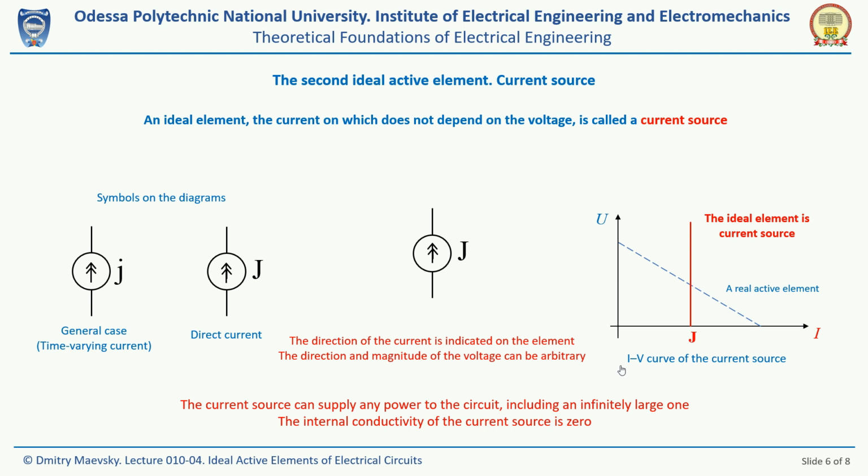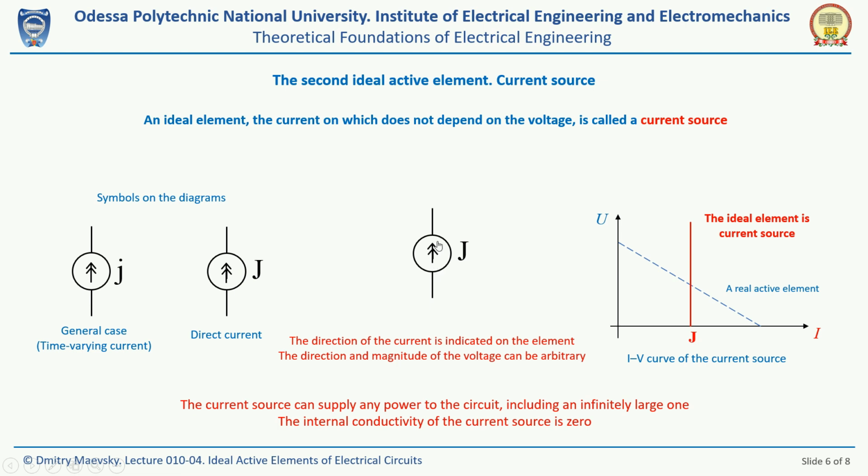This voltage depends only on the parameters of the electrical circuit to which the current source is connected. The conventional graphic designation of the current source is shown in this figure. The direction of the current generated by the current source is shown by the arrow in this figure.